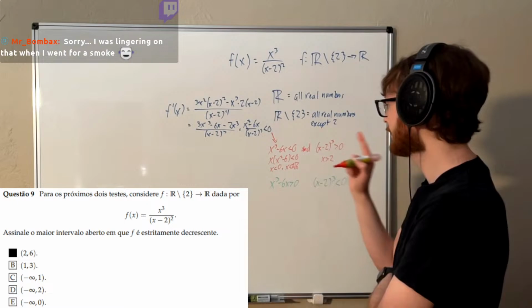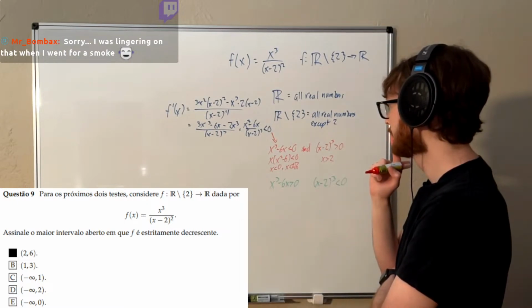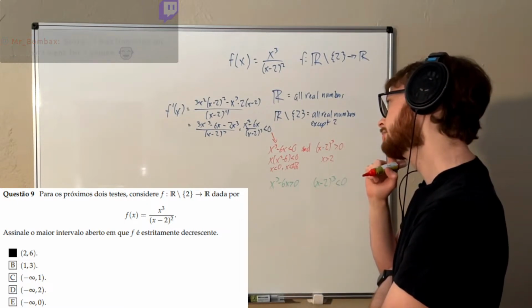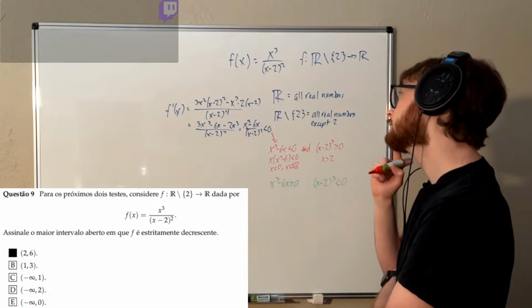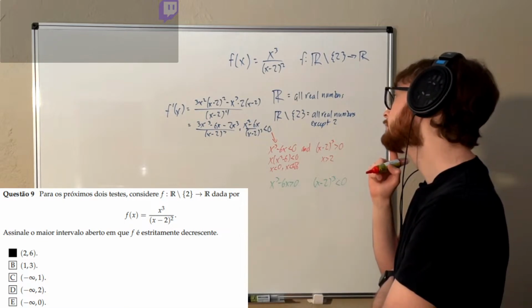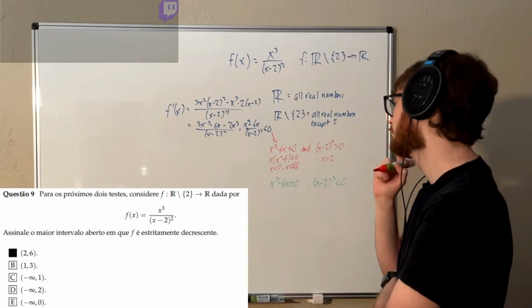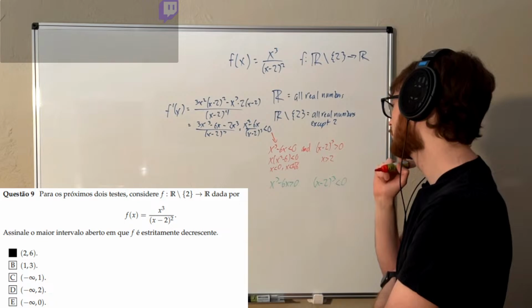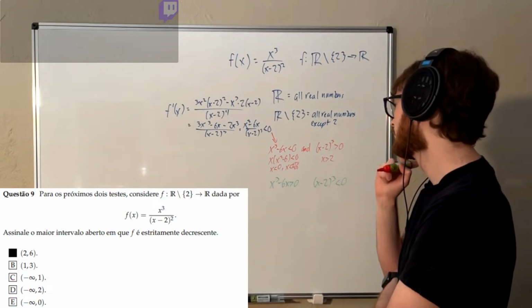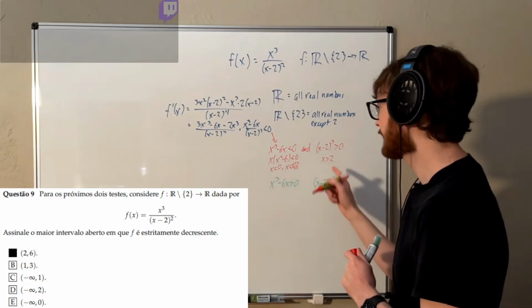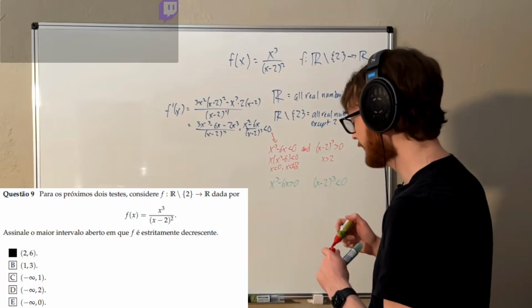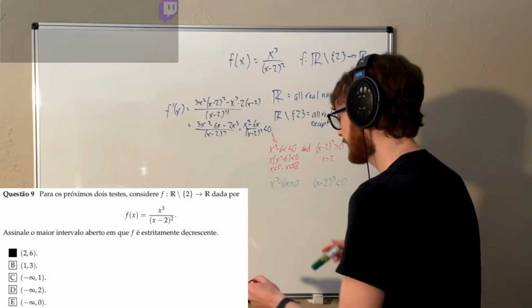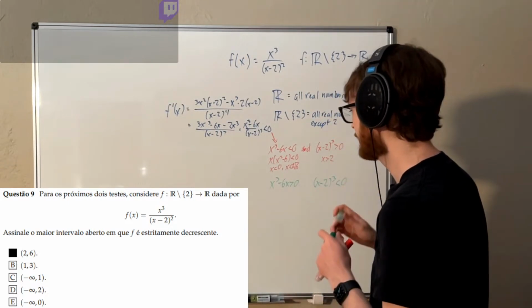Root 6 is bigger than 2. We might not get anything from this because there's no overlap in these intervals. I don't know if this is quite the right technique here, so let's check the second case and see if we do get the right answer.